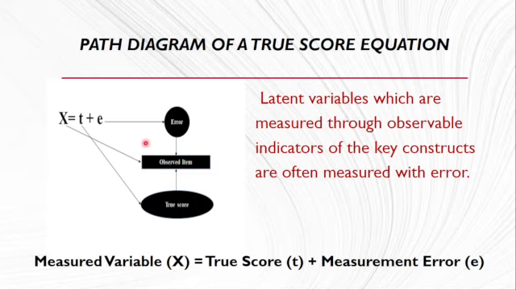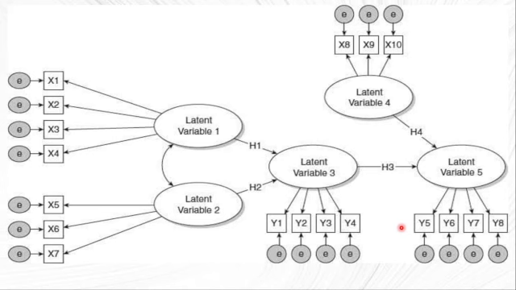Along with it, you will have the measurement error also. Here you see the equation: measured variable is equal to true score plus measurement error. Understanding the measurement error will make it easier to proceed with your data, to identify how to rectify this measurement error, and to proceed with your analysis.